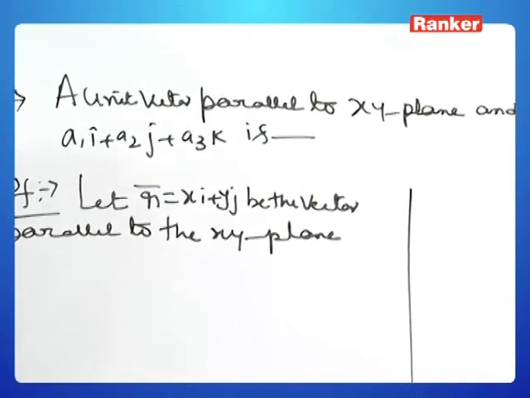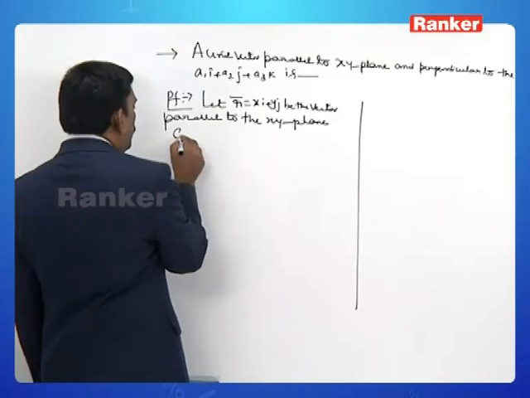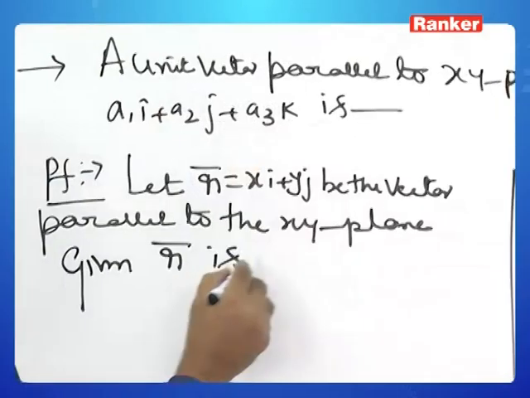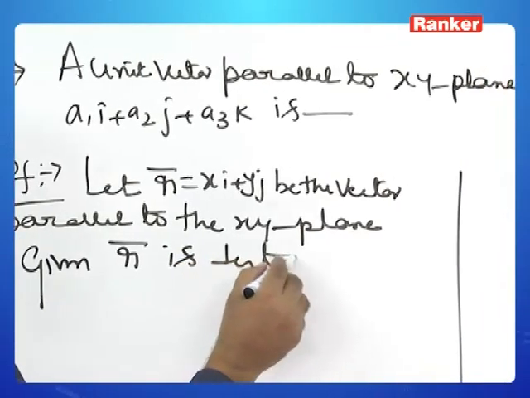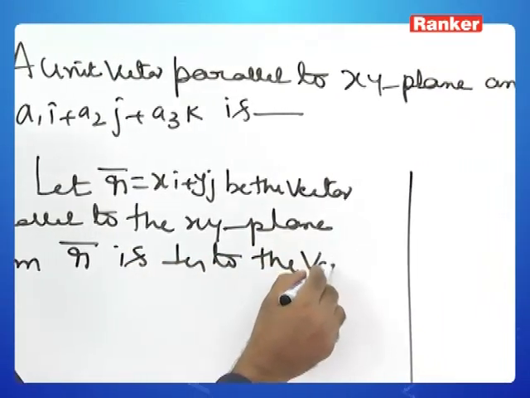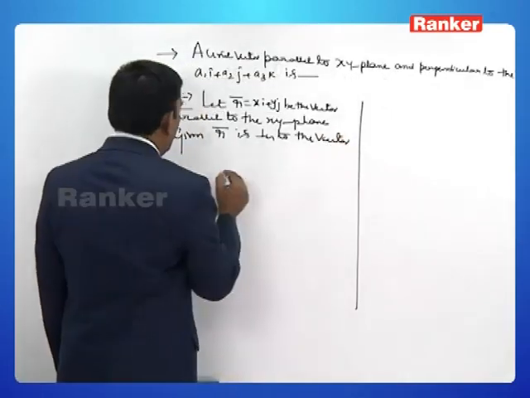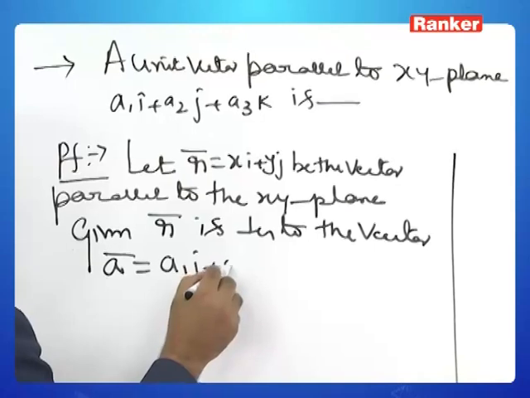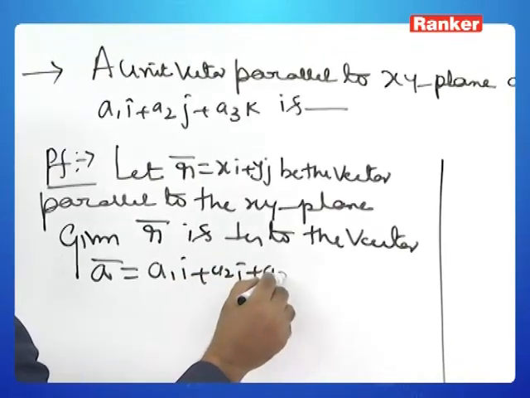Given r bar is perpendicular to the vector a bar is equal to a1i plus a2j plus a3k.